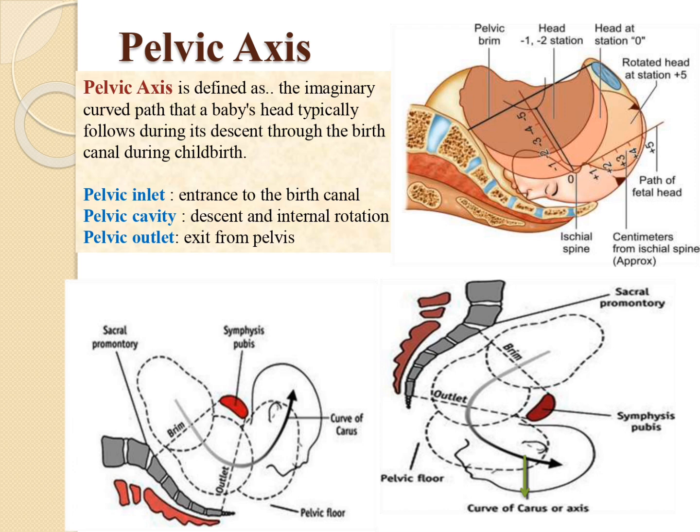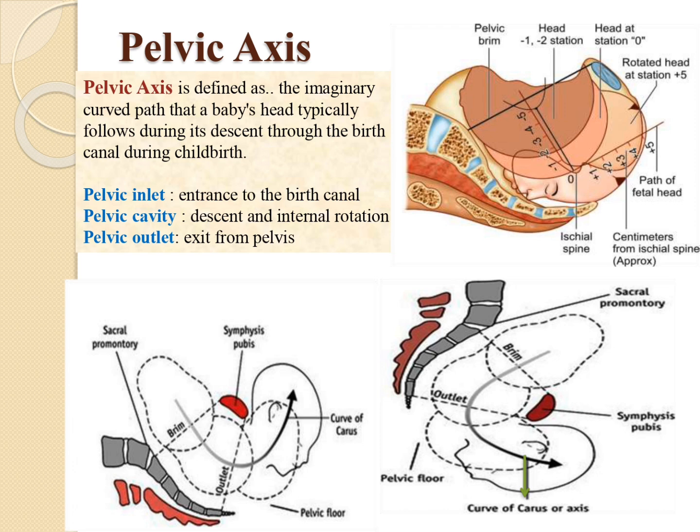So pelvic axis is defined as the imaginary curved path that a baby's head typically follows during its descent through the birth canal during childbirth. Entrance to the birth canal is at the level of pelvic inlet. Descent and internal rotation is at the level of pelvic cavity, and exit from the pelvis is at the level of pelvic outlet.